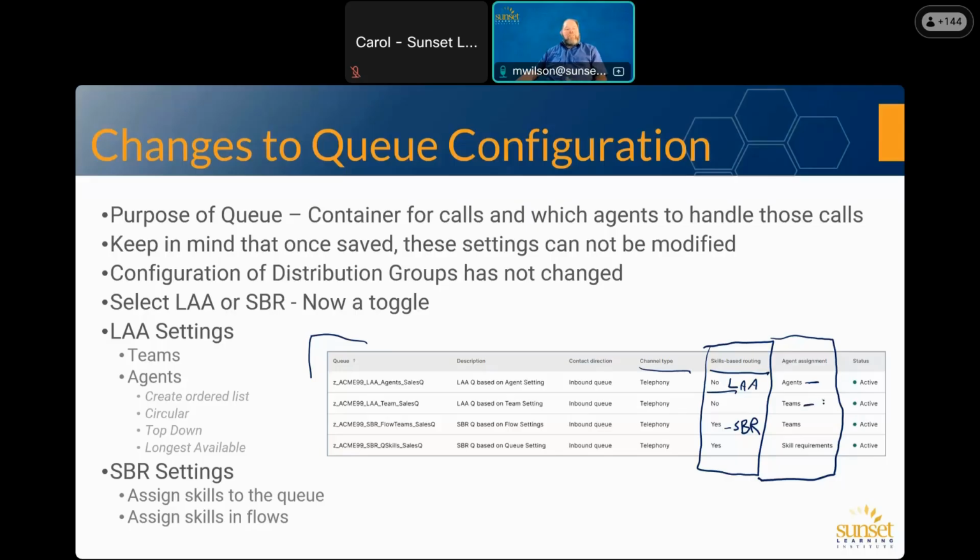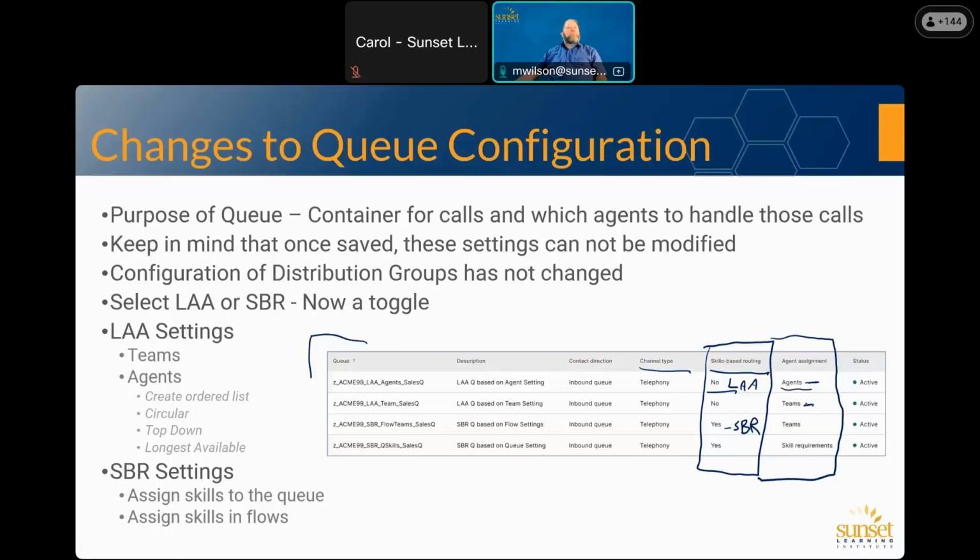When I think of contact centers, I think more in that larger realm, and therefore I'm more inclined to assign groups of agents to queues, so I might be more inclined to use the teams. However, I do recognize that there are some situations where it makes more sense, rather than trying to group agents into teams, to just assign them directly to those queues. So we have both of those as an option.